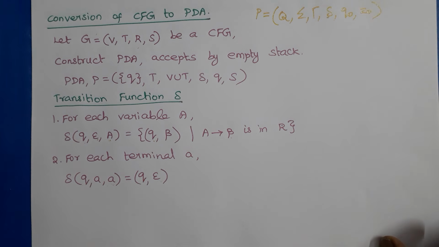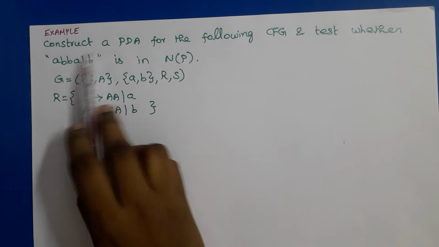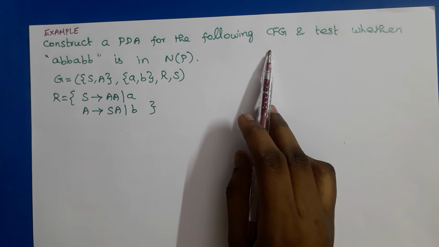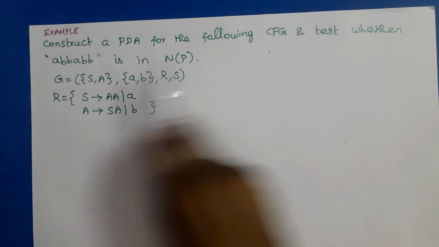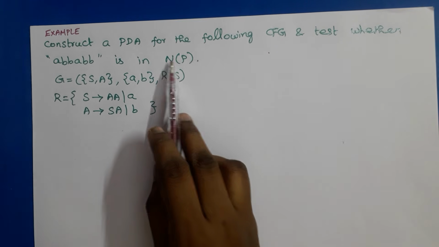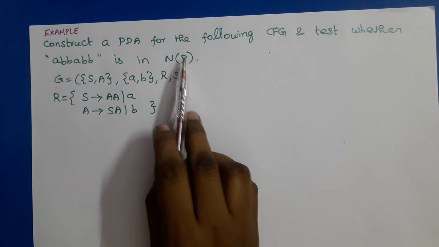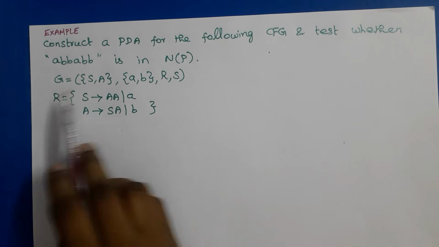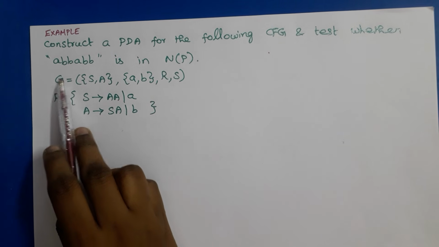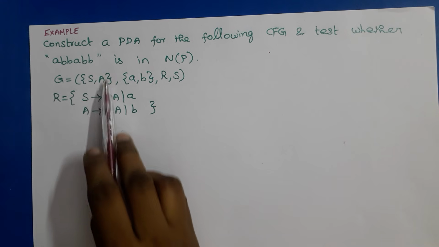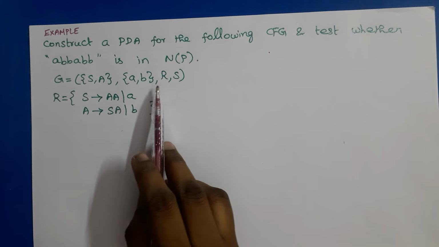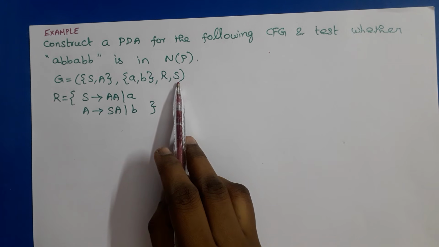Now we see one example for this. We need to construct a PDA for the following CFG, and we need to test whether the string is in N(P), the language accepted by the PDA by empty stack. Here CFG G is given with a set of variables, terminals, set of rules and start symbol of the grammar.